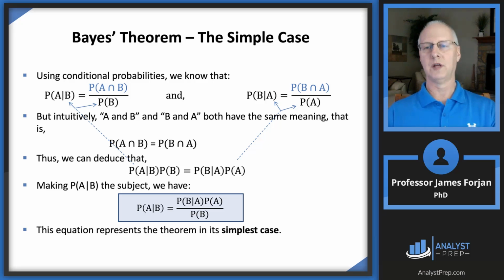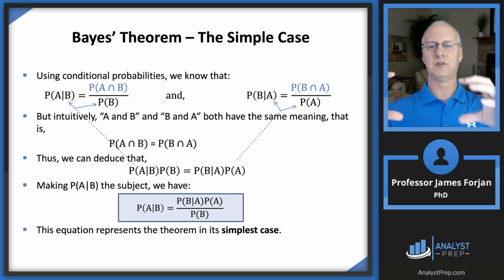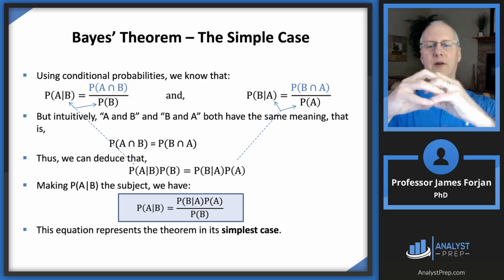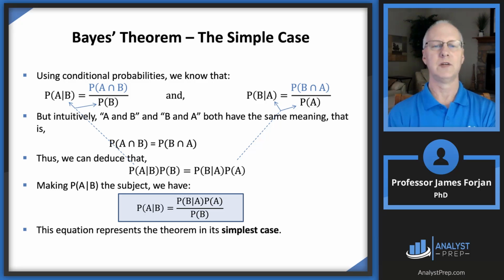And so notice that in the numerator there on the right-hand side up at the top, I have the intersection of B and A divided by the probability of A. Now, of course, what we know, this intersection A and B and B and A, they both mean the same thing, right? Think of those sets that you have when you're in the 5th grade or whatever. And so intuitively, A and B and B and A are identical.